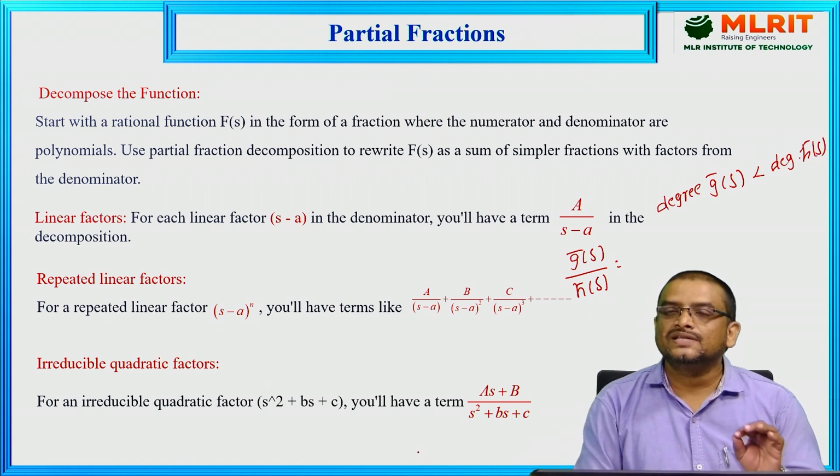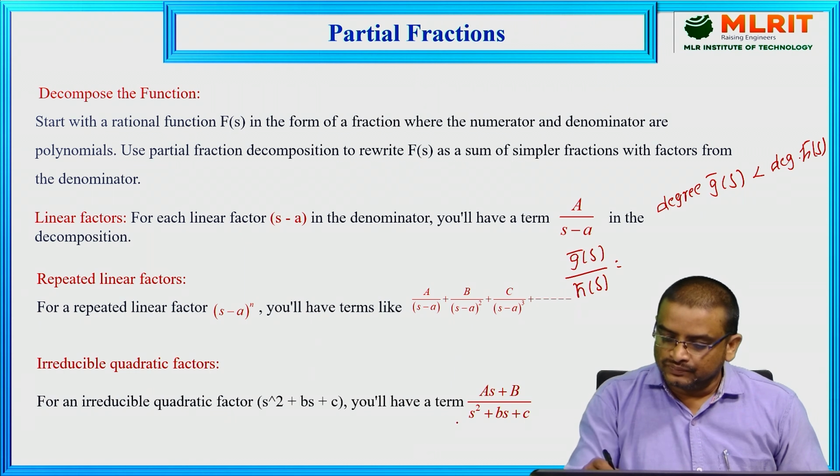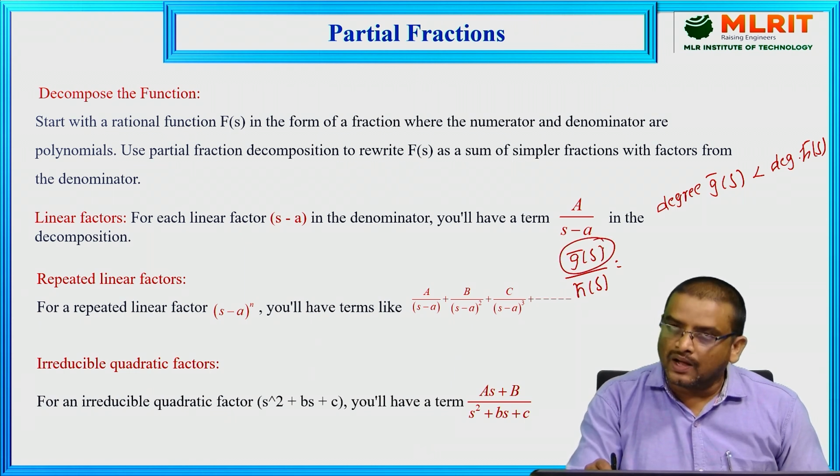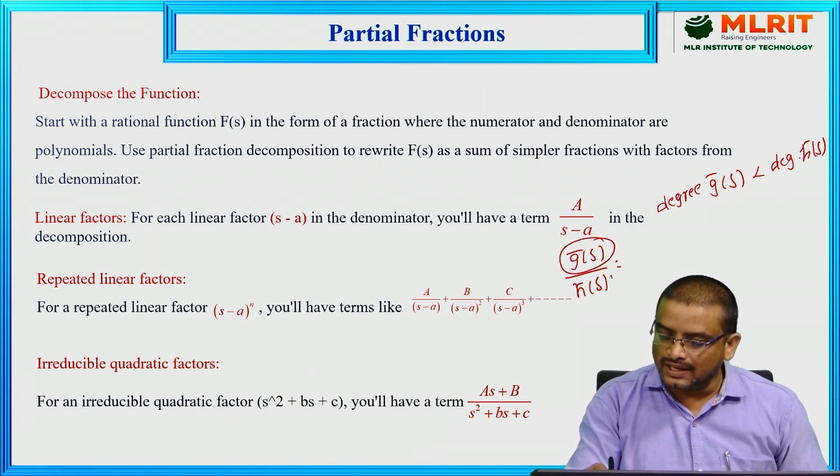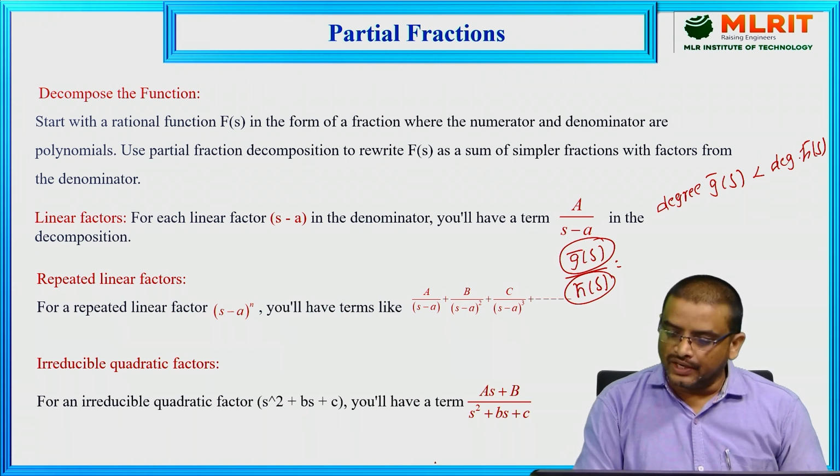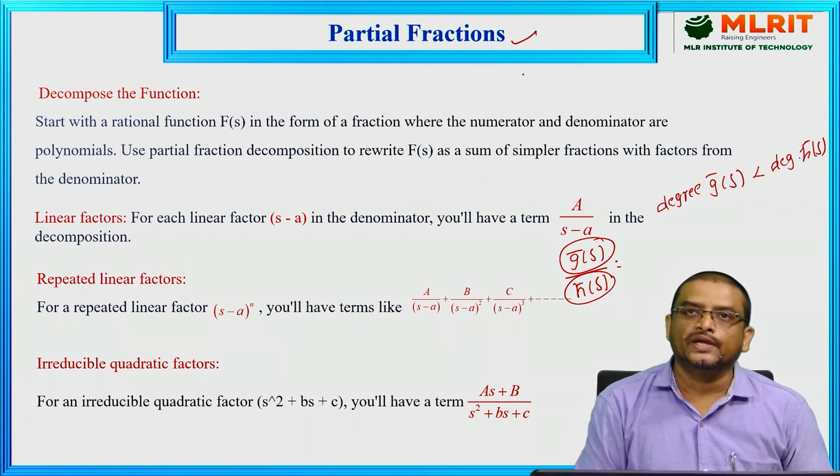Okay, that is the important point we have to remember. So the numerator degree must always be less than the denominator degree, then only it is possible to split into partial fractions.